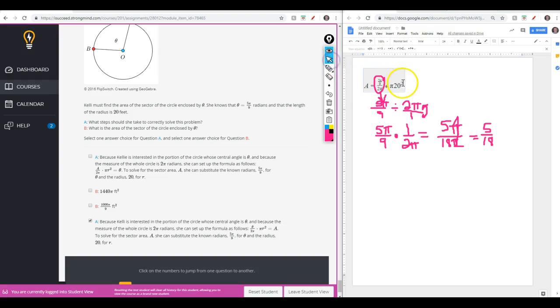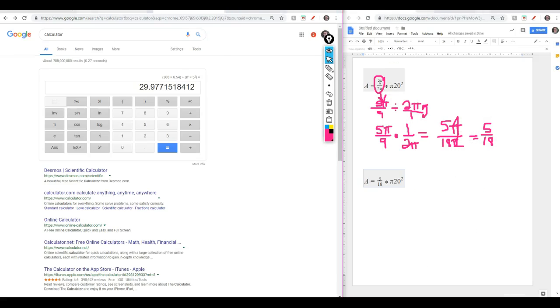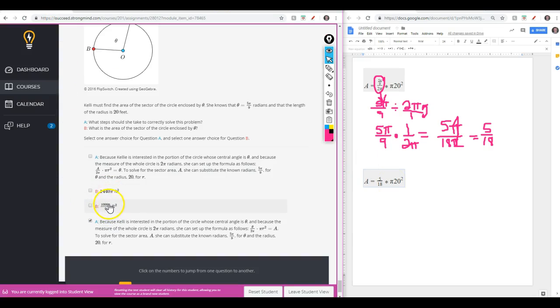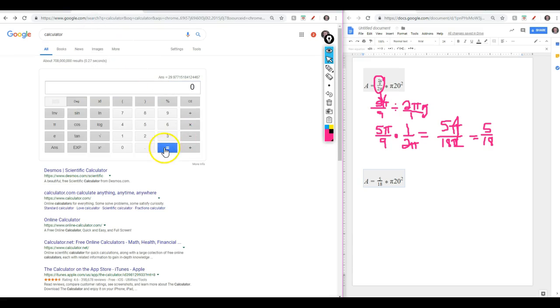So we dealt with this portion right here. So let's rewrite this down here. And we have the area is now equal to 5/18, because we simplified this all out, times pi times 20 squared. Okay, so now we can call it in the calculator, and I'm going to treat pi like it's not there because I noticed in the answers they still have pi there, so that means we're just dealing with the numbers.